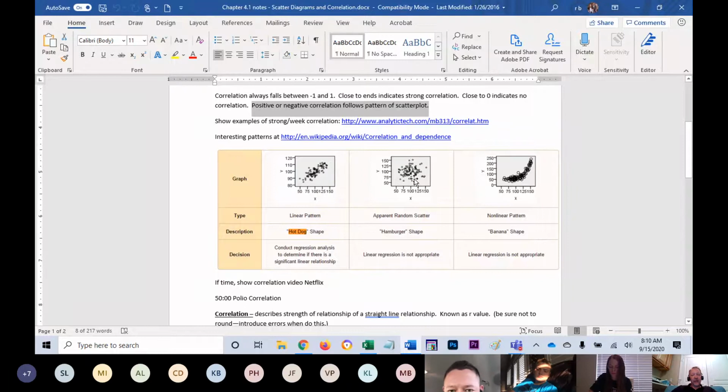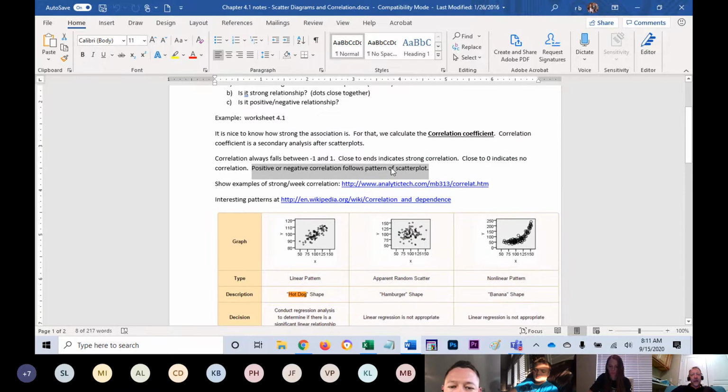This would be an example of what we call a null plot. Whoever came up with this must have been hungry, because we call this the hot dog, the hamburger, and the banana. There's really no pattern here. This would indicate no correlation. We're also looking, in this case, at what they call the banana shape. It's kind of a curve here, and so this would be a non-linear correlation.